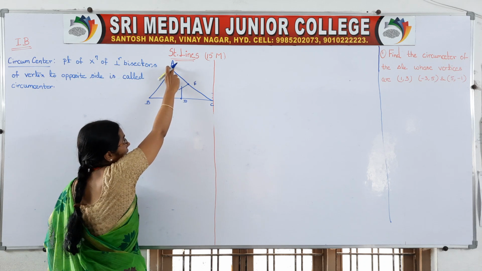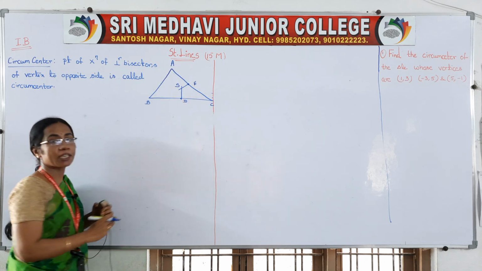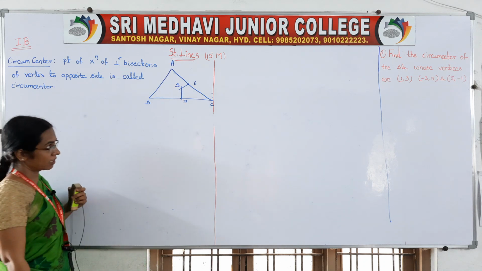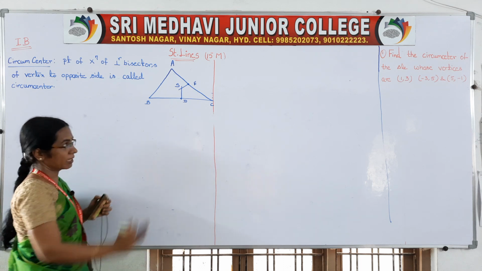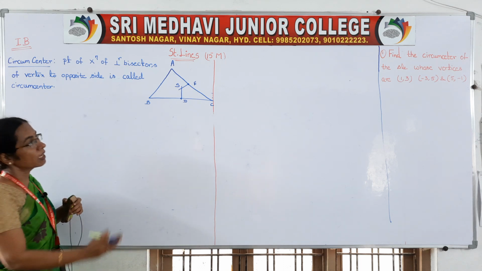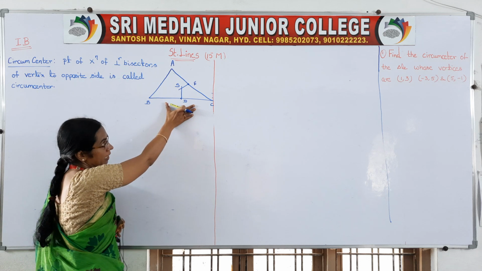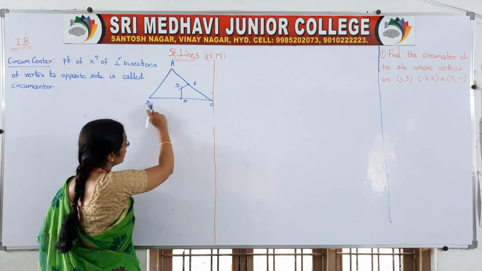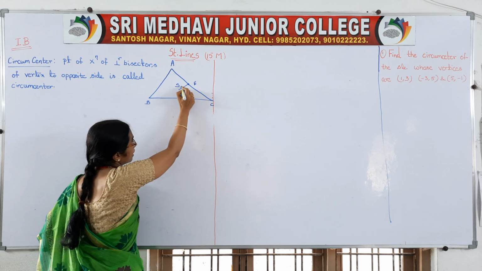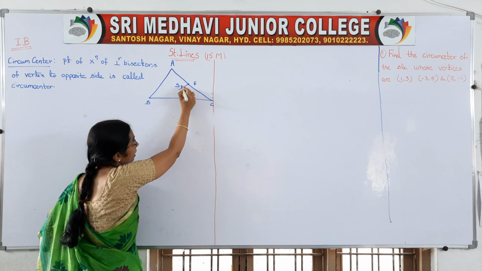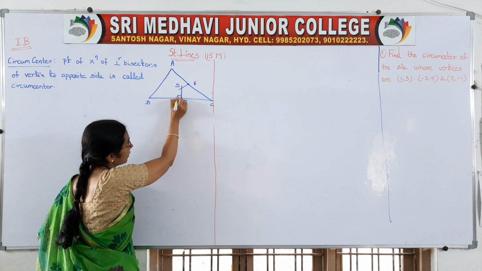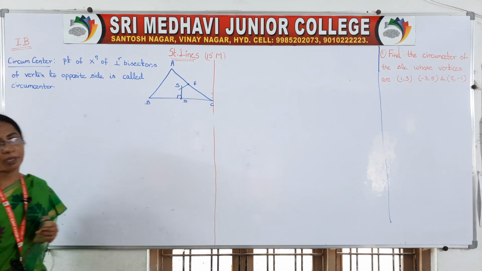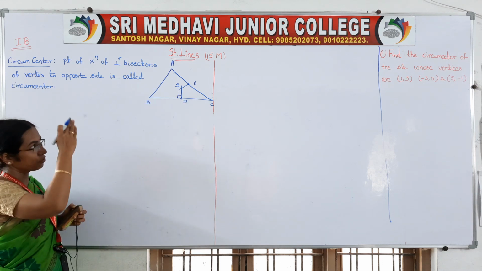This is our vertex A. For that we have to take a perpendicular bisector. What is meant by bisection? Bisection means cutting the side into two equal parts. So you take exactly the middle point of BC, and at that point you take the perpendicular line.